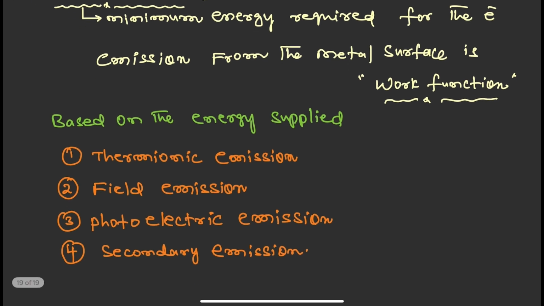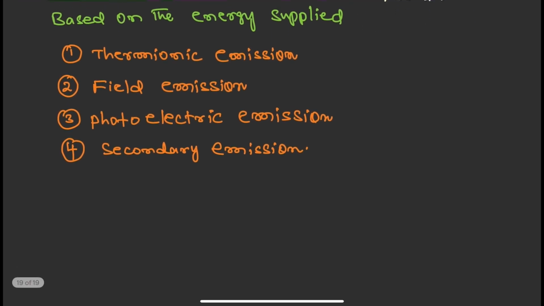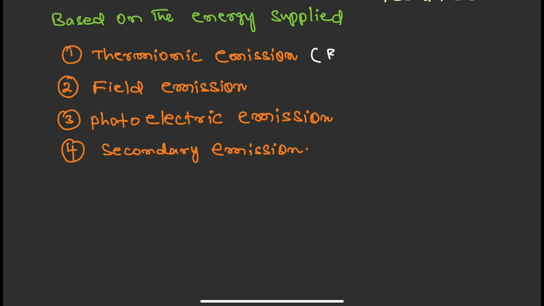Let us discuss what types of energies are supplied for the ejection of electrons. The very first one is thermionic emission, where by giving some thermal energy, thermionic emission is possible.